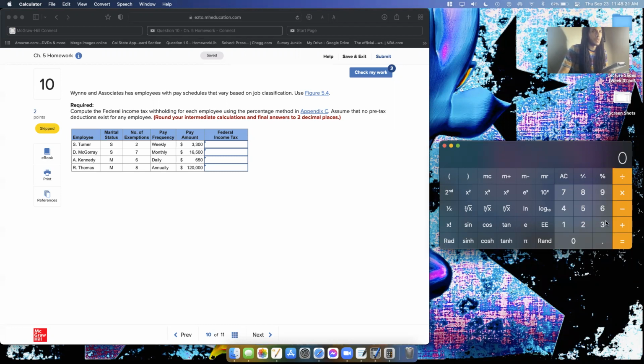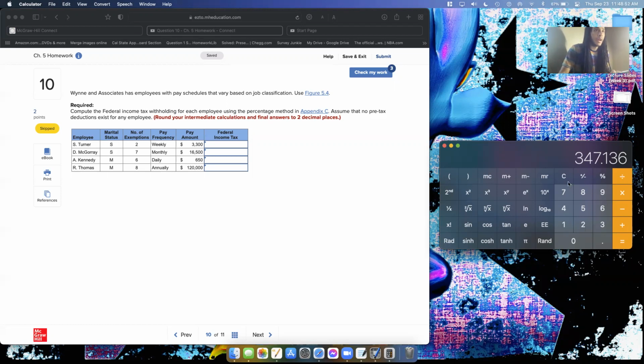So let's do that again. 3138.4 minus 1692 multiplied by 24%. Let's see, is that the right percentage? Yes. That's going to equal $347.14 for the variable portion of the income tax withheld.